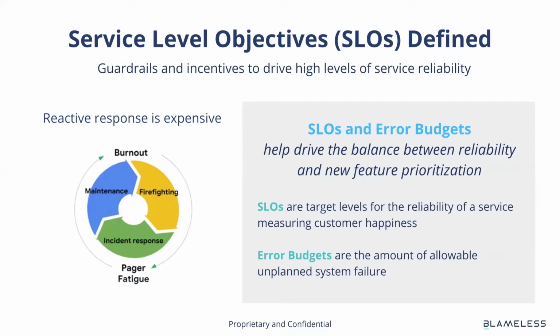And what they really are is just guardrails. They become this common language that companies use, and that allows them to put guardrails and incentives to drive high enough levels of service reliability. And the key word here is enough, without compromising the ability to deliver on customer expectations, right?